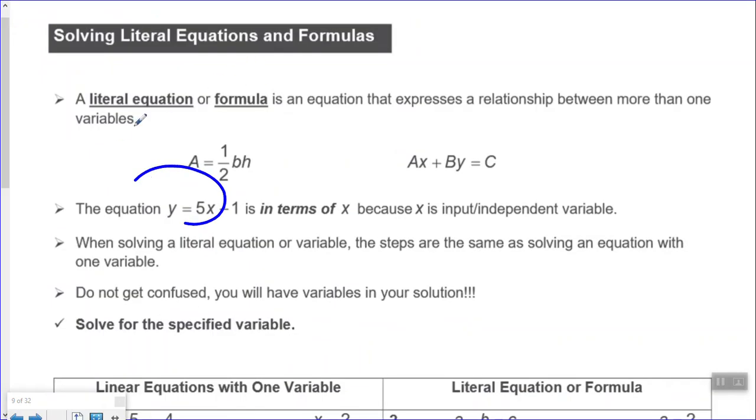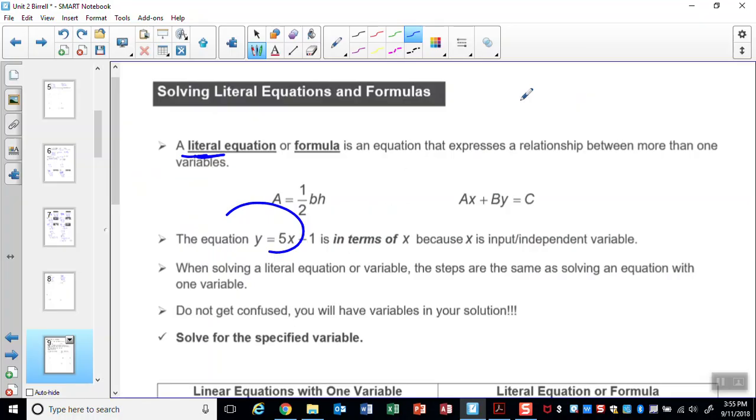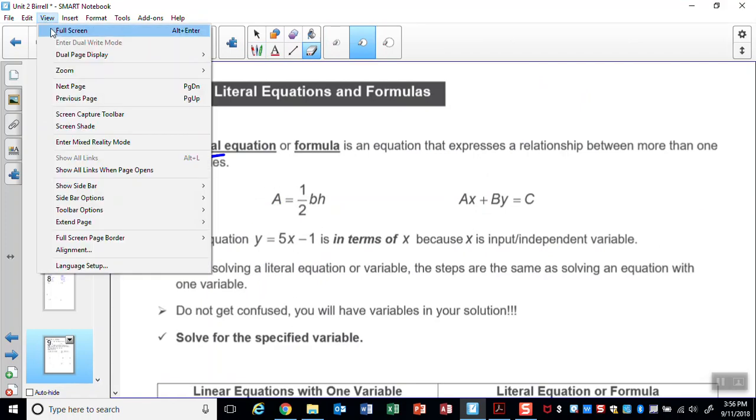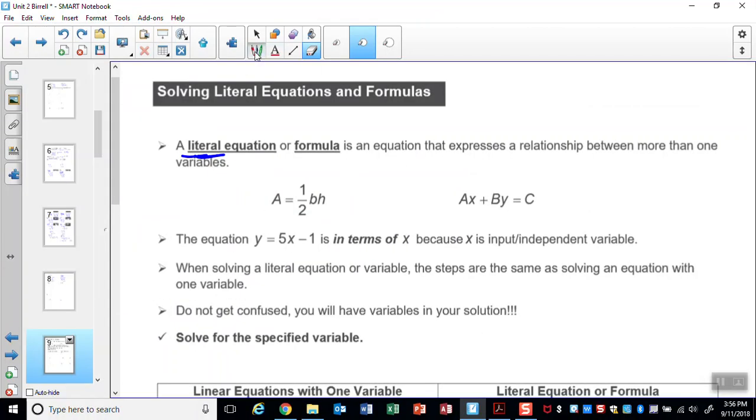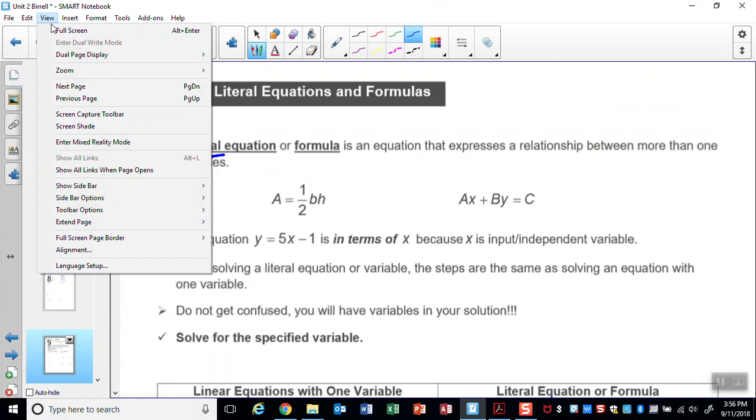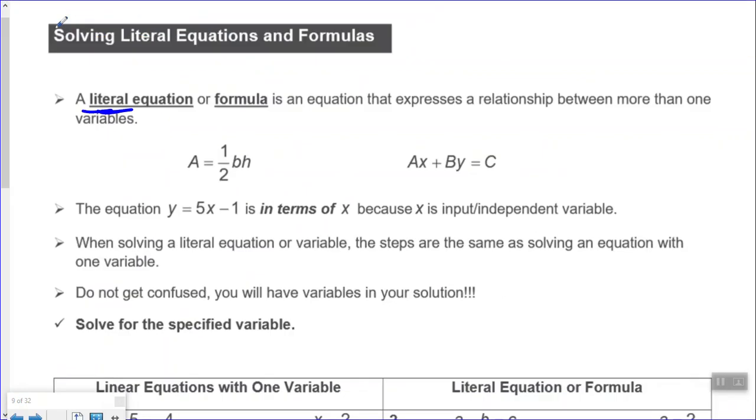A linear equation or formula expresses a relationship between more than one variable. Usually you have just one variable like x, but in these equations you have more than one variable. In this example, A equals 1/2 b times h, you have A, b, h.